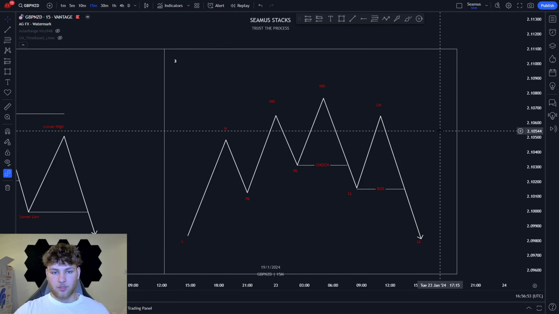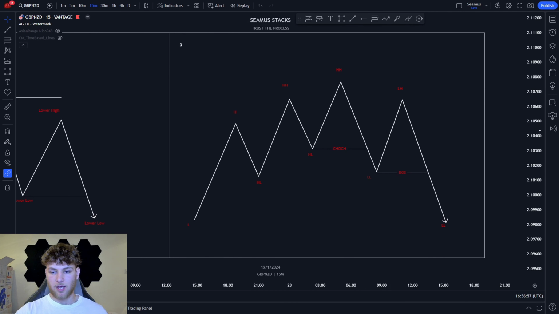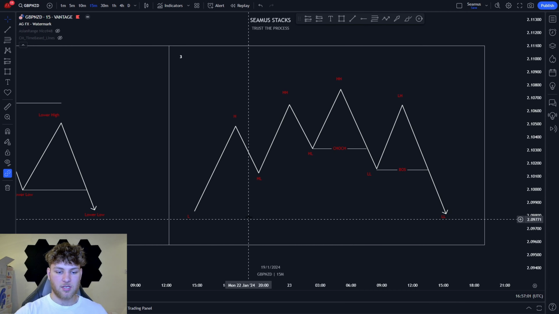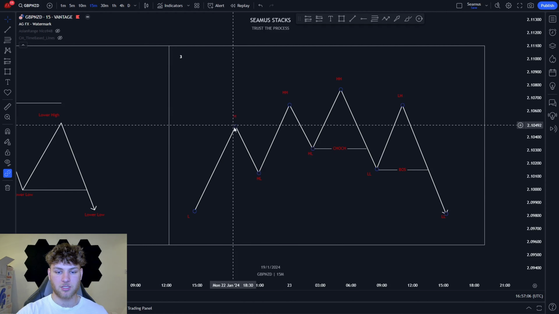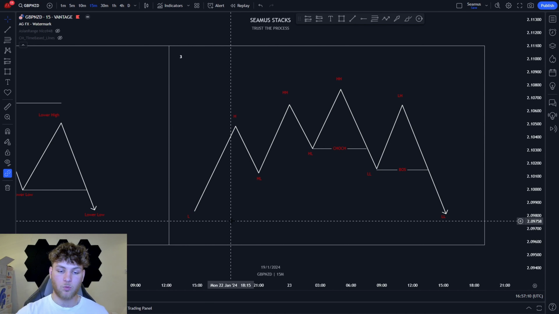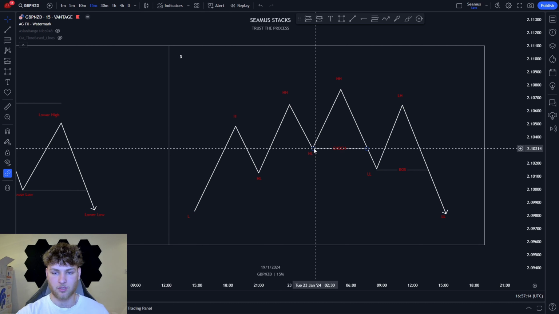So now we are looking for changes of character and breaks of structure. So this is now just an abbreviation of our low and our high with L and H, and higher low and a higher high. Okay, so we can identify now we are in a bullish market, okay, because we're making higher highs and higher lows.